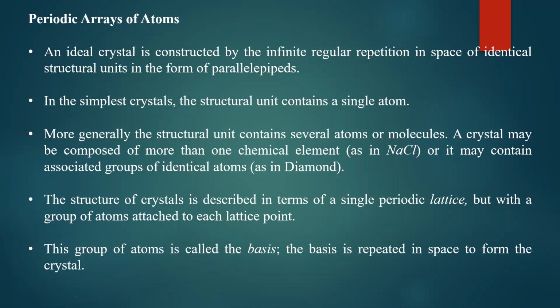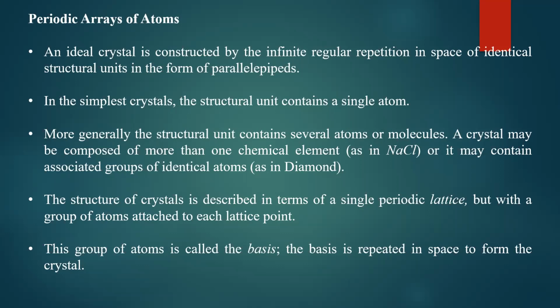The basis is repeated in space to form the crystal. If you take NaCl as an example, the NaCl molecule will be arranged in a regular fashion, just like a chair. A chair is a basis. So one chair is a simple basis. If you repeat that basis in a regular arrangement, then that will form a crystal, that will form a structure.